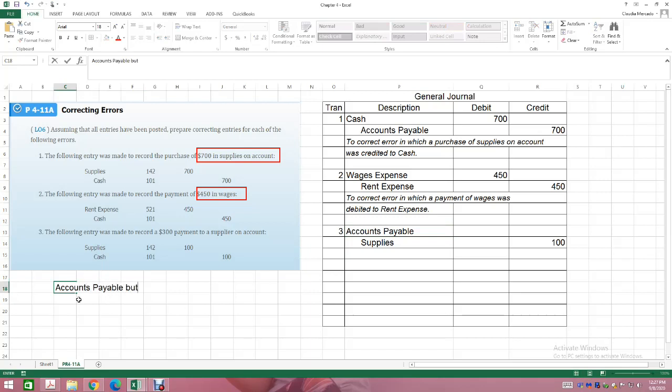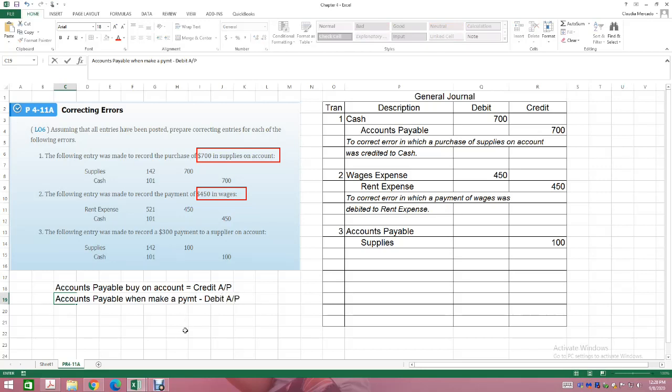On accounts payable, when you buy on account, you credit accounts payable. When you make a payment, you debit accounts payable.